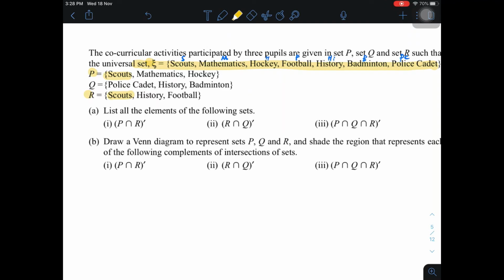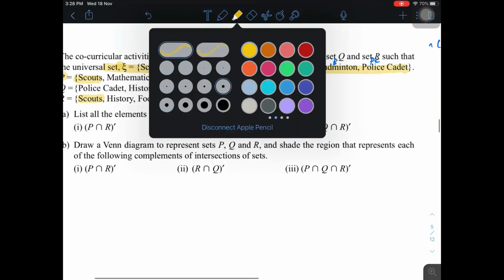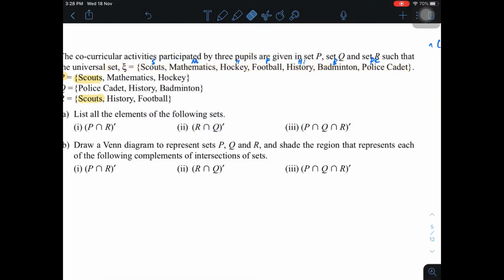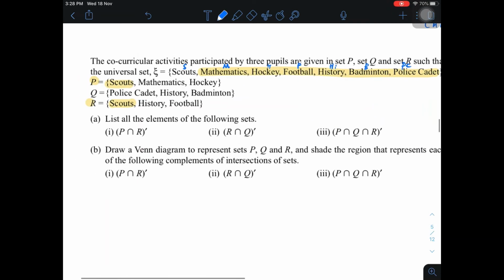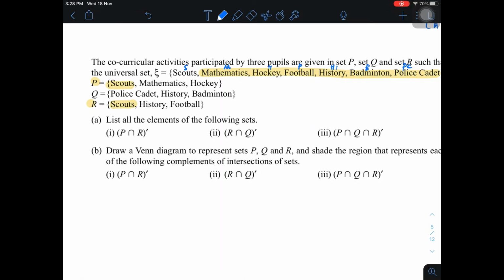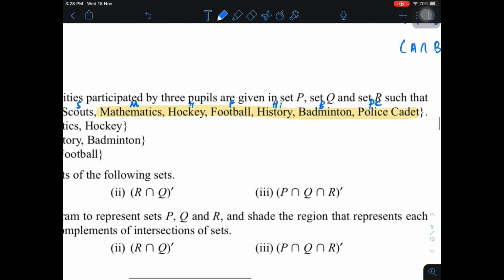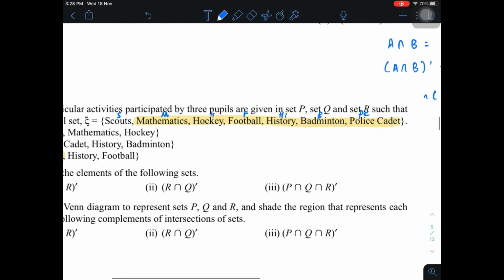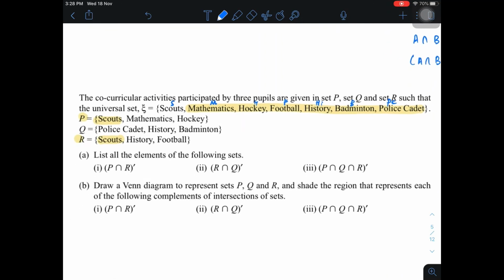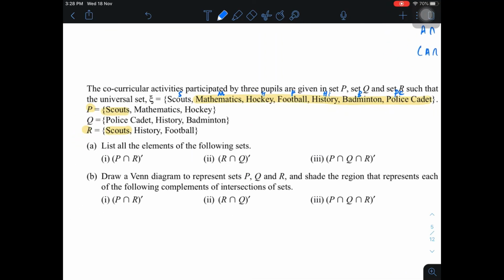So the intersection of P and R is Scouts, but what I want is the complements of P intersect R, which would be the others, which is this. So in other words, the complements of the intersection P and R would be mathematics, hockey, football, history, badminton, and police cadet. Right? Next question.